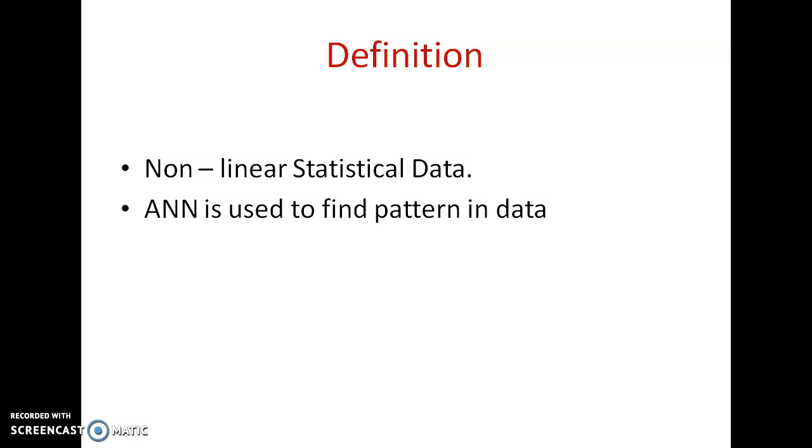The problem may be modeling the relationship between input and output, or finding some pattern. Most neural network problems may be either simple or complex. Overall, we can define artificial neural networks as a statistical data model for solving complex problems based on supervised and unsupervised learning problems.